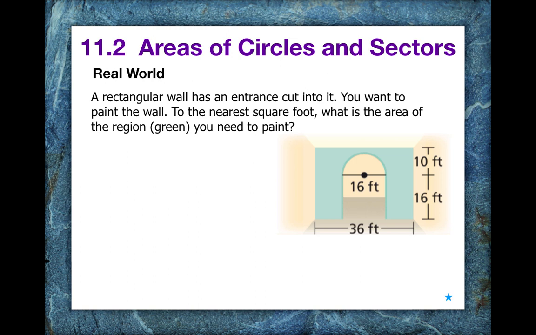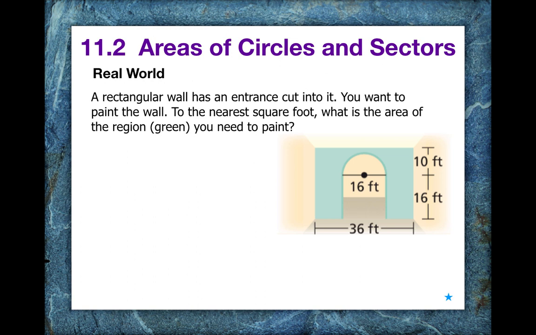In the real world, we sometimes have to measure things like walls. So here's a wall in a building, and we need to paint it, and we know what this whole area is because it's going to be 26 by 36.